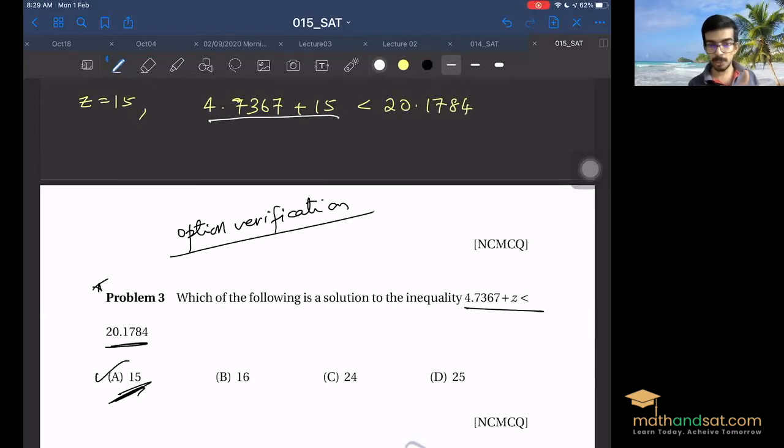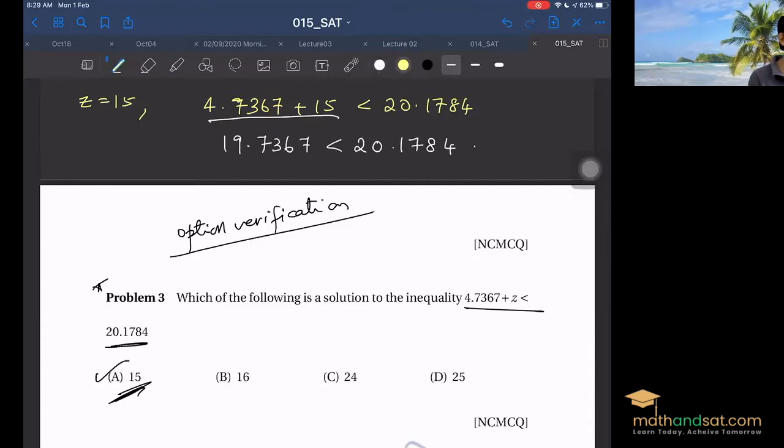So when you add these two numbers, the decimal part of the first term will be preserved. So this is going to be 19.7367 less than 20.1784. This is a true statement because we have 19 point something on the LHS and 20 point something on the RHS, related by the less than sign. So of course option A is the right answer.